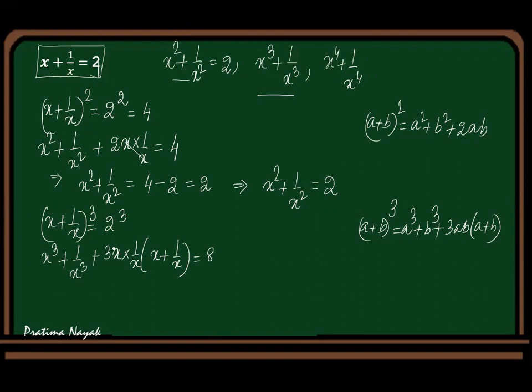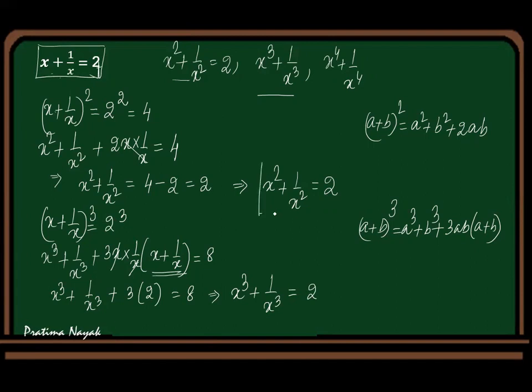Now if I simplify here, this will be cancelled and this value is your 2. I'll put it here. So in the next line, I'm getting x cube plus 1 by x cube plus 3 multiplied by how much? 2, is equal to 8. So this gives you x cube plus 1 by x cube is equal to 8 minus 6, that will be 2.